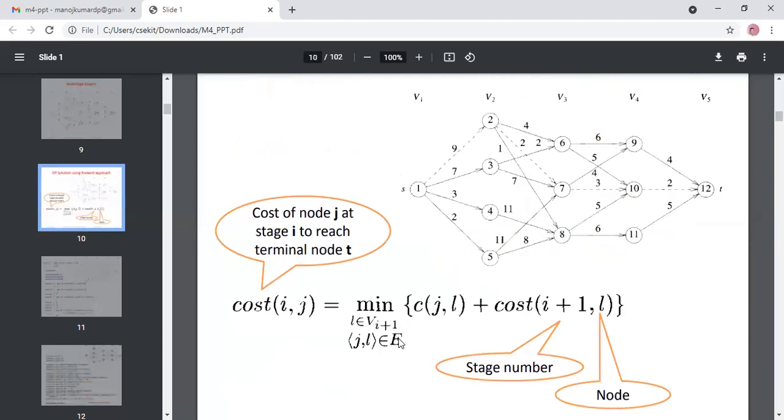You have to remember this particular formula: the cost of node j at stage i to reach terminal node t, we can take it as cost of i comma j is equal to min of c j comma l plus cost of i plus 1 comma l.